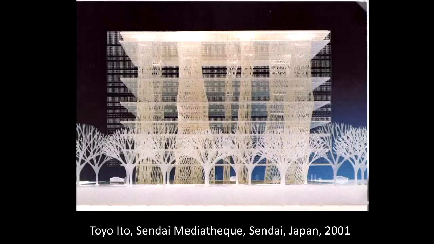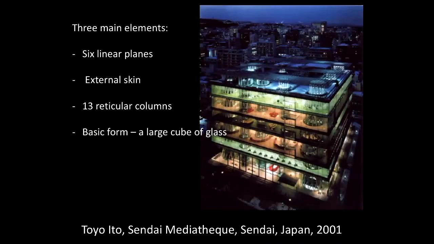And this is just some basic components. You could say it's a glass curtain wall office building, but it's the way that certain things that Ito decides to focus on that really makes it quite special. Not as in it's extremely resilient to earthquakes.